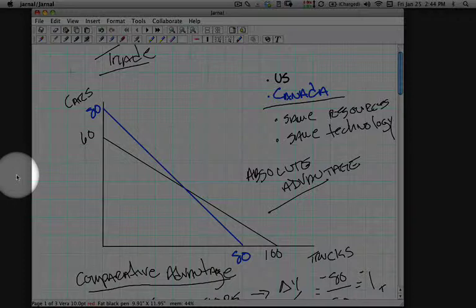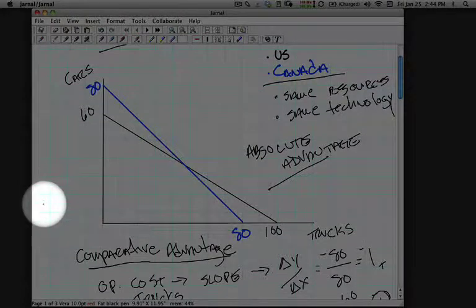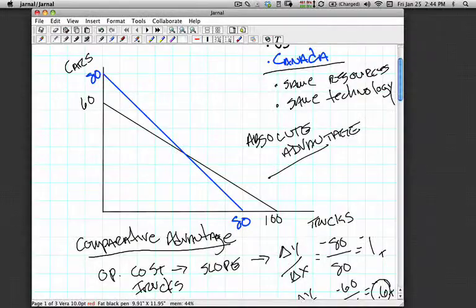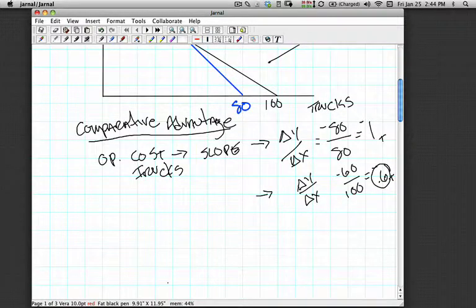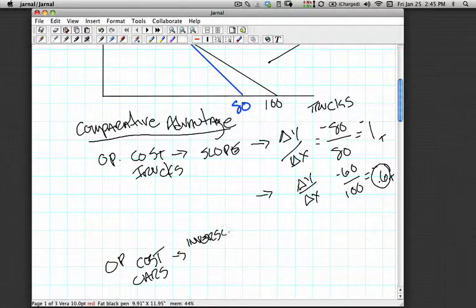So, when it comes time to decide what the opportunity cost is for cars, we have to do the inverse of this calculation. And we're going to see, therefore, that the opportunity cost of cars is the inverse of the slope.